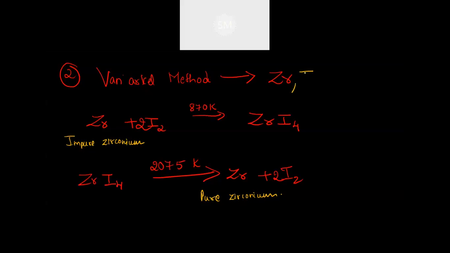You can remember another metal also along with zirconium. Even titanium is also purified like this itself. But equations you don't have to study for titanium. Only zirconium is given.